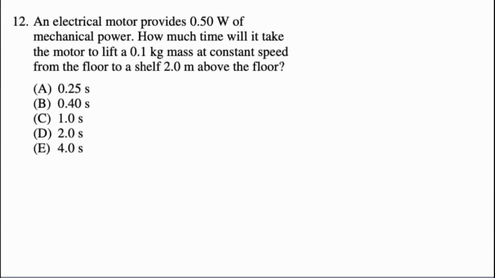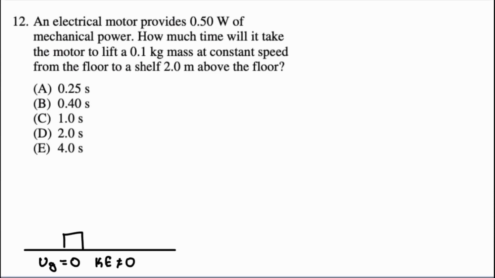Now question 12. An electrical motor provides 0.5 watts of mechanical power. How much time will it take the motor to lift a 0.1 kilogram mass at a constant speed from the floor to a shelf 2 meters above the floor? So I just want to draw this out really quickly. We start on the floor, this object, and then this is where our UG is equal to 0, and our kinetic energy is equal to some number that isn't 0.